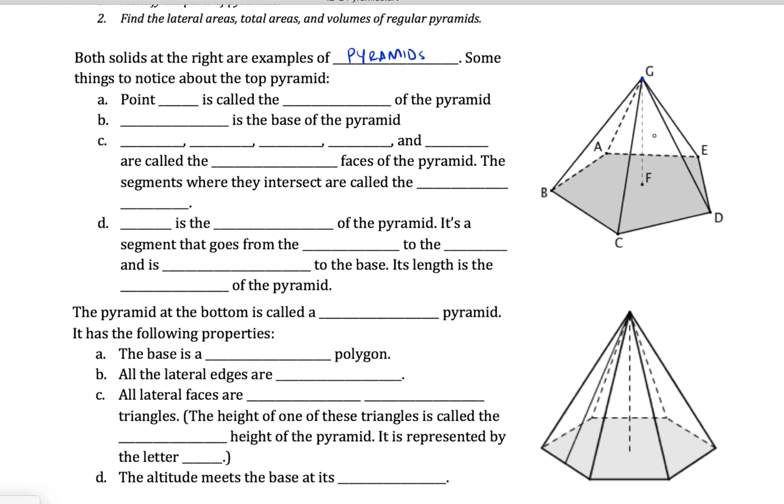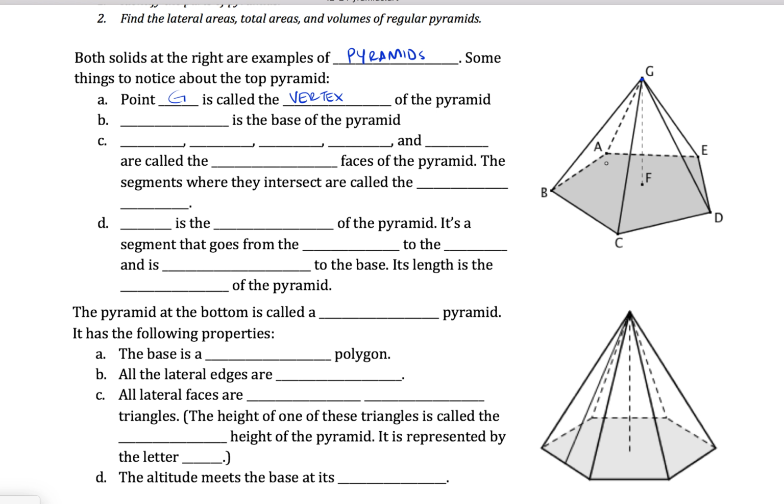It's usually shown on the top of the pyramid, but it doesn't have to be. We could flip this pyramid over or on its side, so that point doesn't have to be at the top of the diagram, but a lot of times it is. That point, G, is called the vertex of the pyramid.